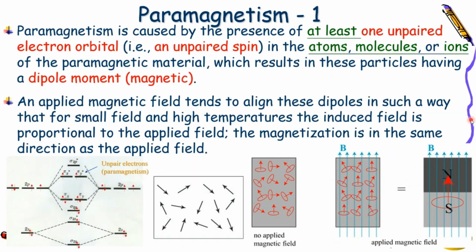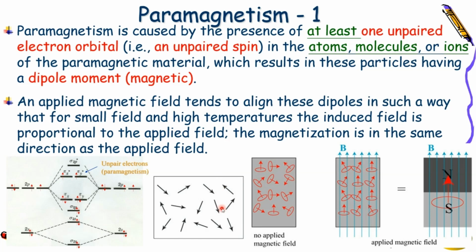Right, so here I want to tell you a little story about paramagnetism. Paramagnetism always happens when there is at least one unpaired electron in the orbitals of atoms, molecules or ions. So what does paramagnetism mean?